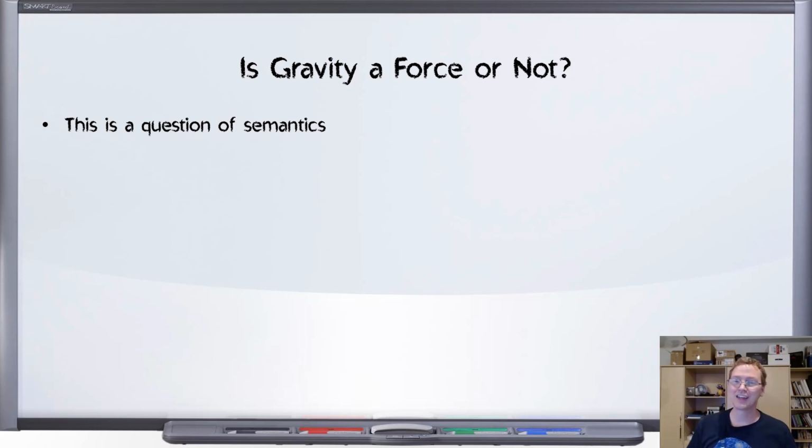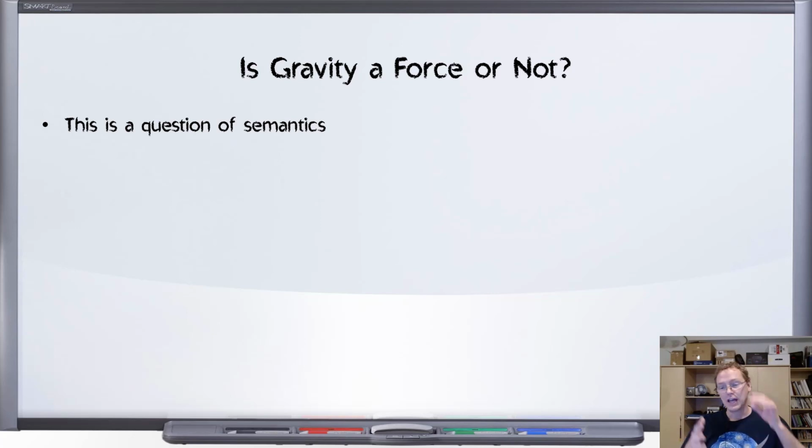The logic says whatever worked under Newton continues to work under Einstein, whether we call it a force or we don't call it a force, right? Mathematics works whether you call it a force or you don't call it a force. The science all works. The Cavendish experiment works. Orbits work whether we call it a force or we don't call it a force.